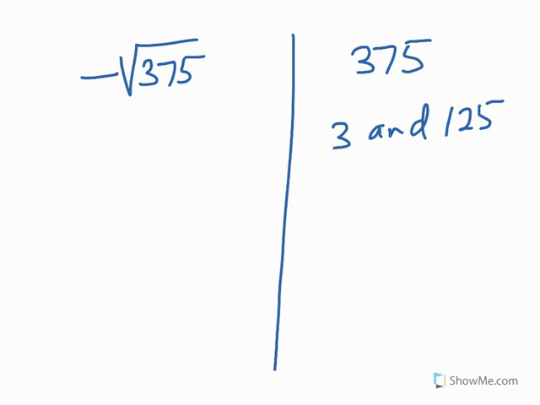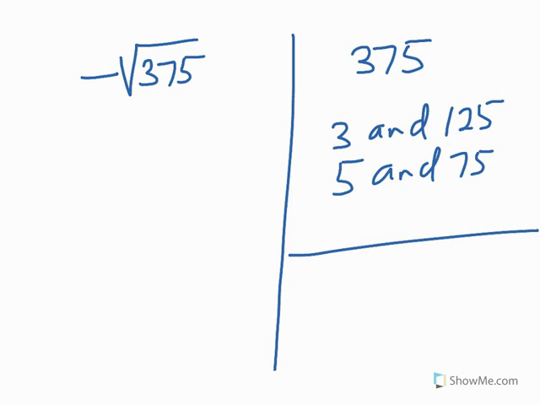How about that? Let's list the perfect squares and see which one of them is a factor of 375. Because some of these big numbers might have a lot of factors, and if you're working under time, you don't want to start listing 3 and 125, 5 and 75, and go on listing.